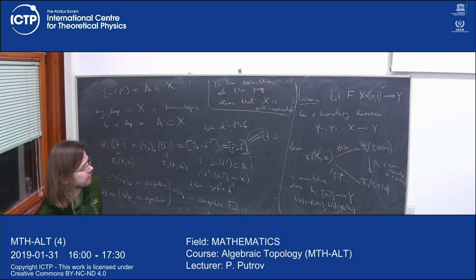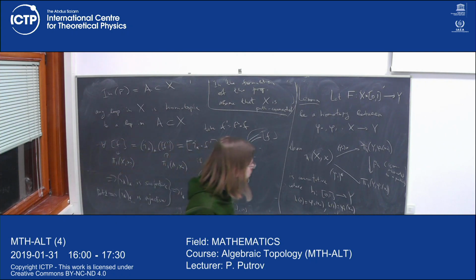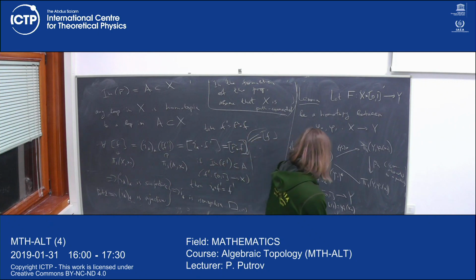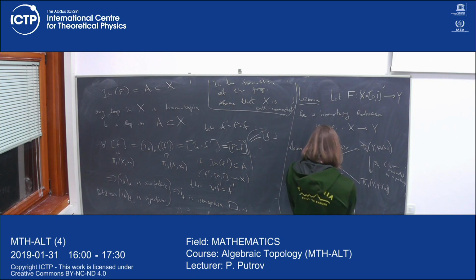Here X is not required to be path connected. But for beta H to be an isomorphism, don't you require Y to be path connected? Why? Well, we will show that. This H can be explicitly written down.